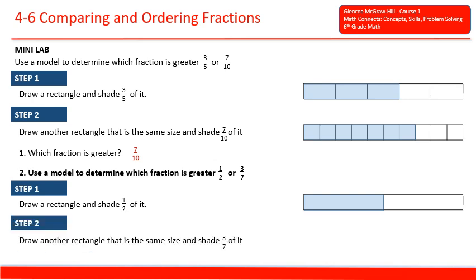And then we'll draw another rectangle that is the same size and shade 3/7 of it. So this rectangle is divided into sevenths. We'll shade 3. And 1/2 is larger than 3/7. Now you may have noticed that earlier, just because we know that half of 7 is 3.5, so we knew that 3/7 was going to be less than a half.